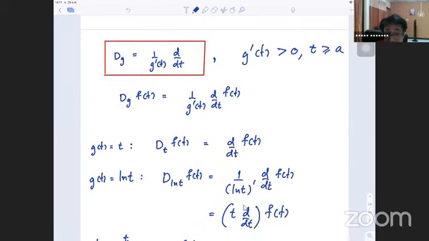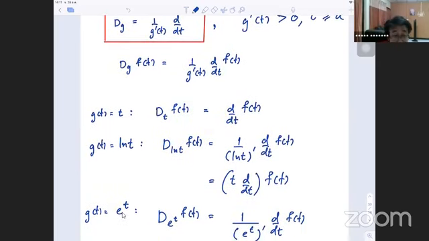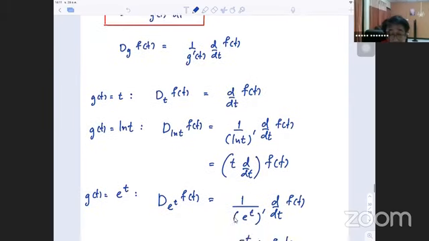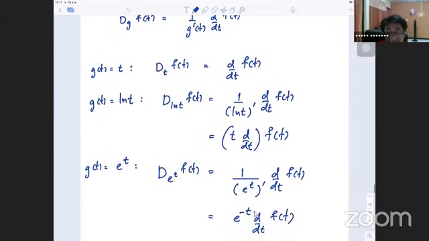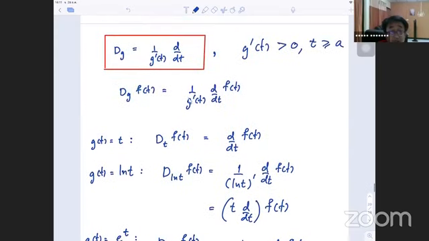Delta derivative like this. And if g(t) equal to e power t, this is the derivative introduced previously. So this formula is very general.